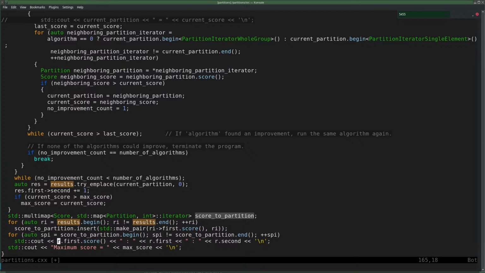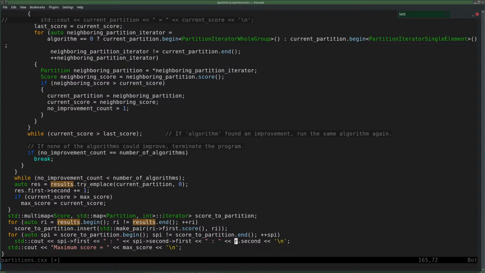Now the score is simply a key. And first was the key. And then the second is this iterator here. So you can dereference that iterator to get a partition. So that's now the partition.